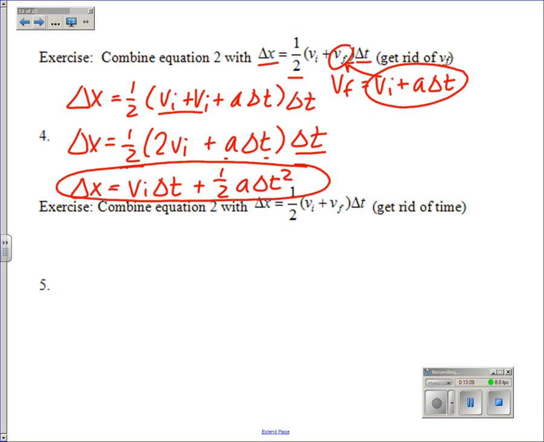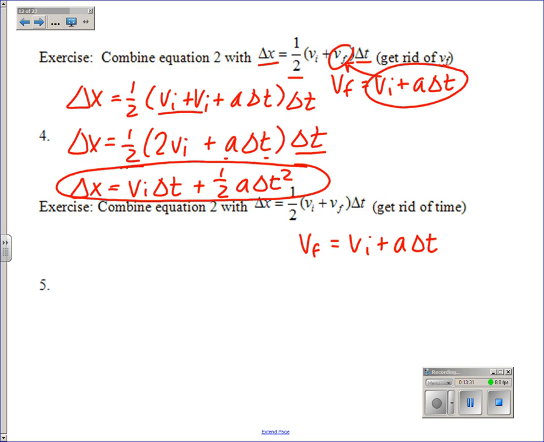Okay, we've got one more. Let's look at exercise 5. Combine equation 2 with delta x equals vi plus vf delta t, but now we're going to get rid of time. Now this is really the same two equations, but this time they're asking us to get rid of time.